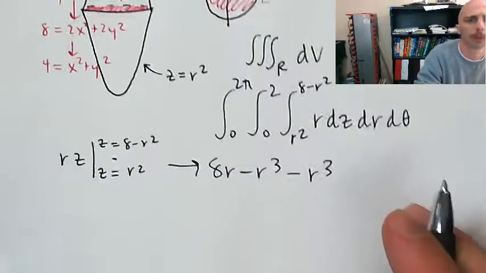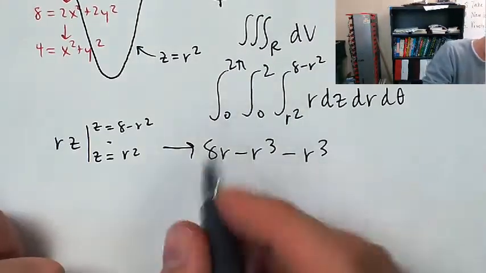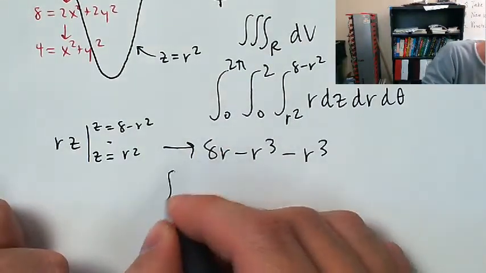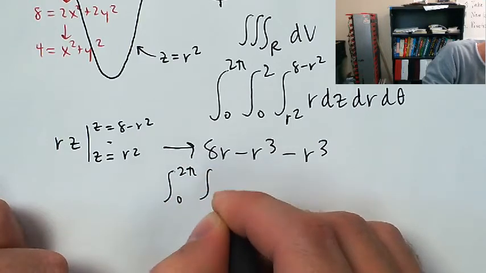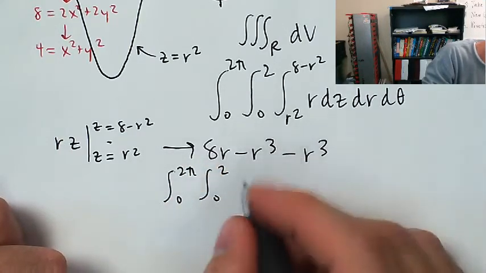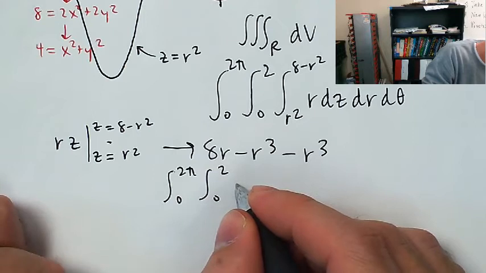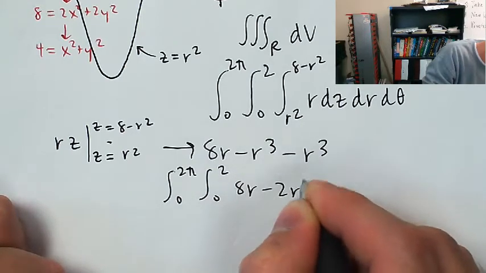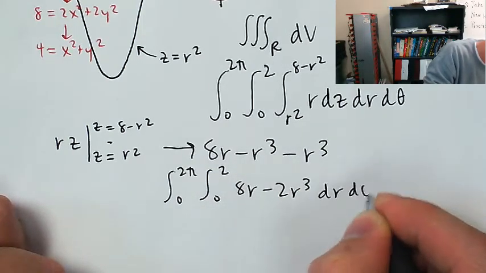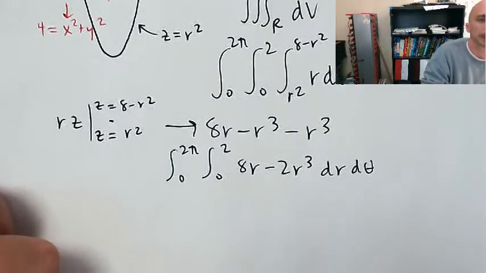Yeah, I don't know why I was tripping on that, but okay. Now I'm going to say that this is 0 to 2 pi, 0 to 2, 8r minus 2r to the 3 dr d theta.